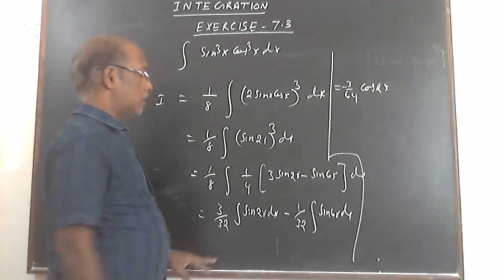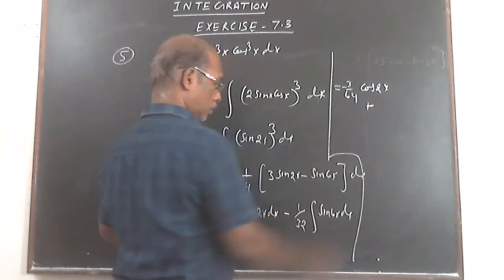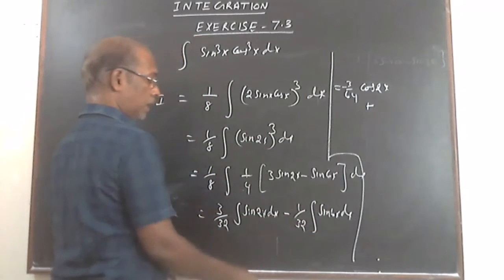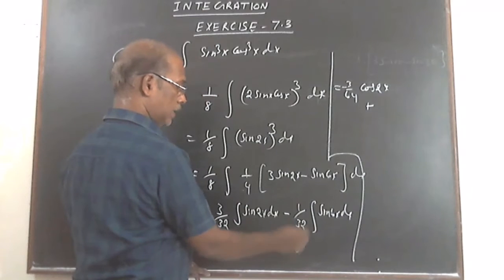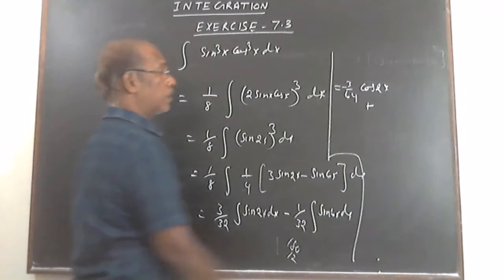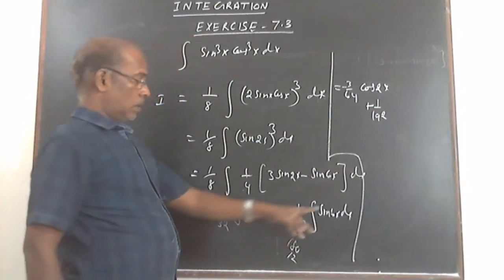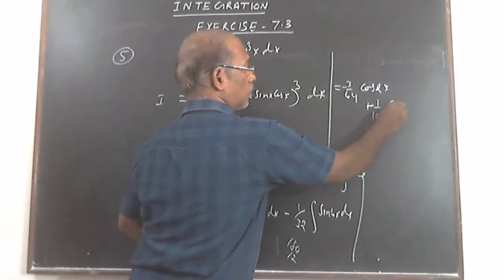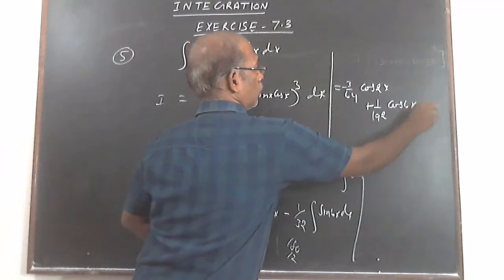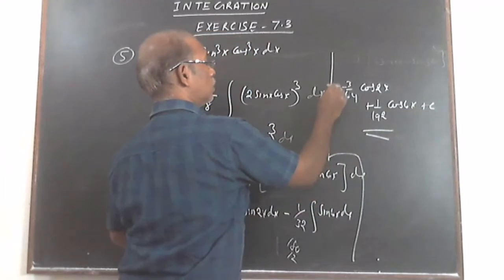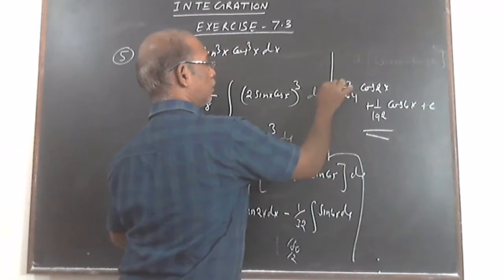Then minus of minus plus, 6 times 32, 6 into 32 is 192, so 1 over 192 cos 6x, with the integral constant. So this is the final answer.